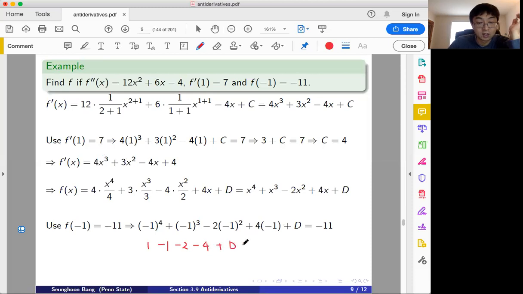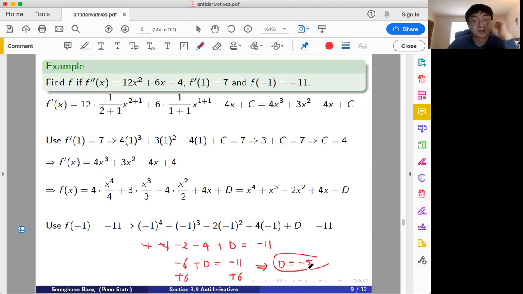Plus d equals minus 11. 1 is cancelled, so we have negative 6 plus d equals minus 11. You add 6 to both sides. d equals minus 5.